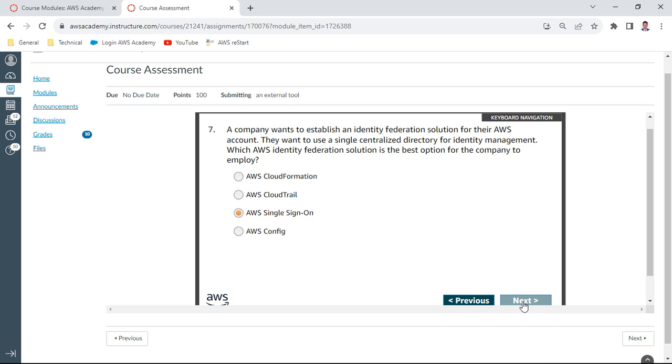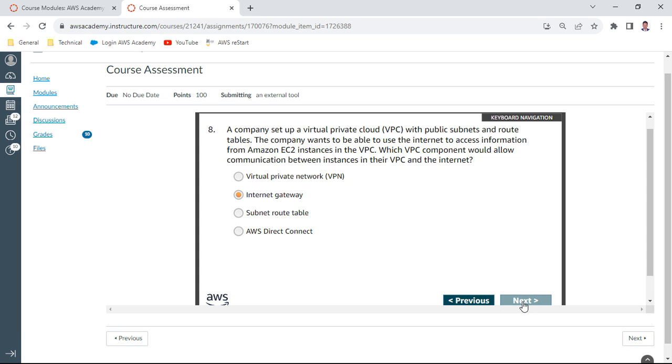A company wants to establish an identity federation solution for their AWS account. They want to use a single centralized directory for identity management. Which AWS identity federation solution is the best option for the company to employ? That is AWS single sign-on. Eighth: a company set up a VPC with public subnets and route tables.